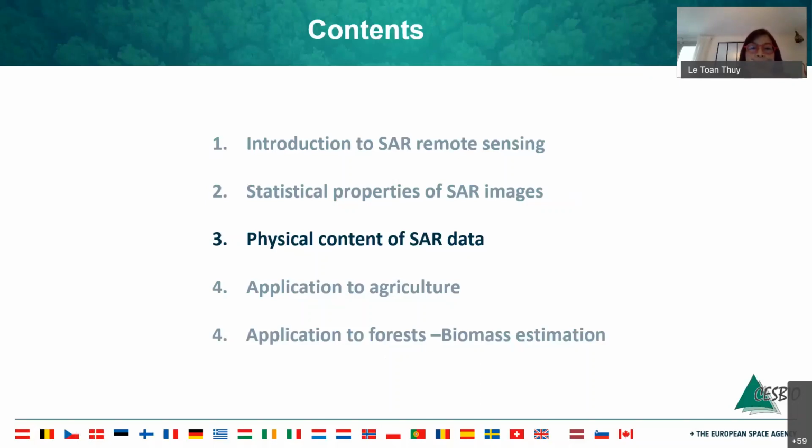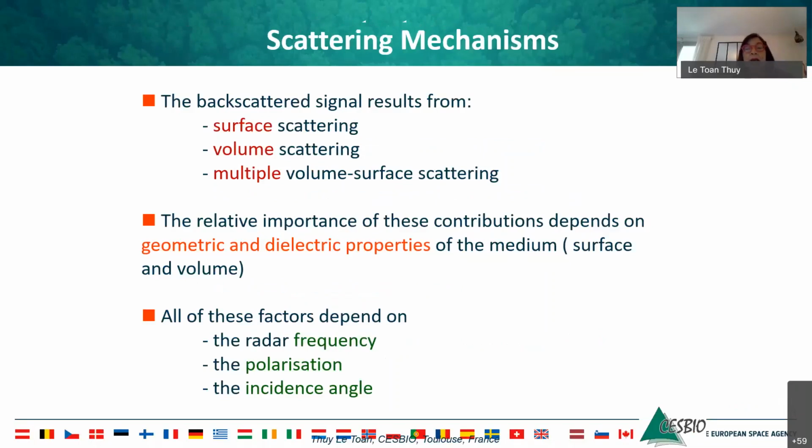Now the third thing here is the physical content of the SAR data. We talk about scattering mechanisms. The backscatter signal results from surface scattering, volume scattering, and multiple surface-volume scattering. If there are two interacting things, we say double bounce. The relative importance of these contributions depends on the geometric and dielectric properties of the medium.